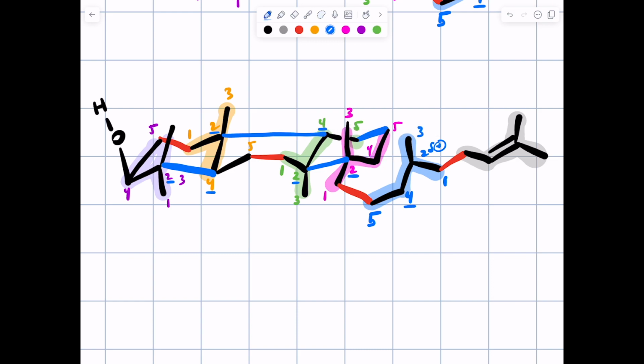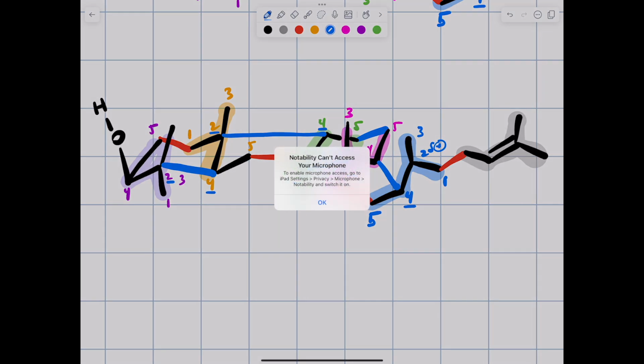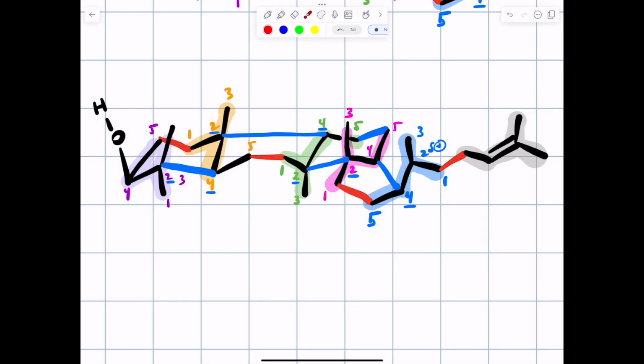That would be here. So we make 1, 2, 3, 4 bonds.